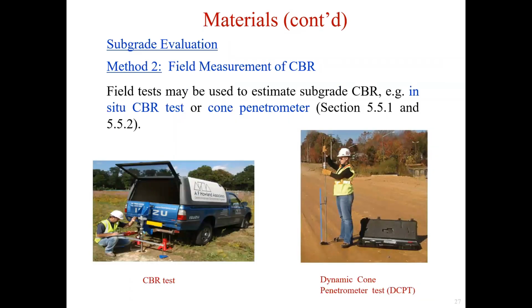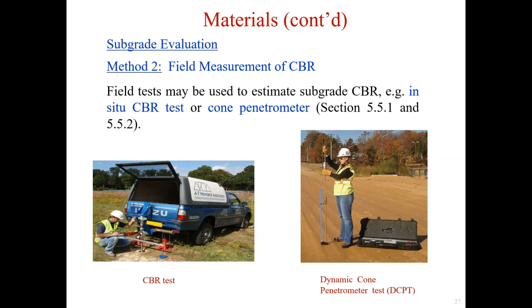For the subgrade CBR evaluation, the second method is the field measurement of CBR. The in situ CBR test involves driving a cylindrical plunger of a predefined area into the soil at a uniform rate. This requires the use of a reaction load, for example, a four-wheel drive vehicle or mechanical excavator to provide the force.